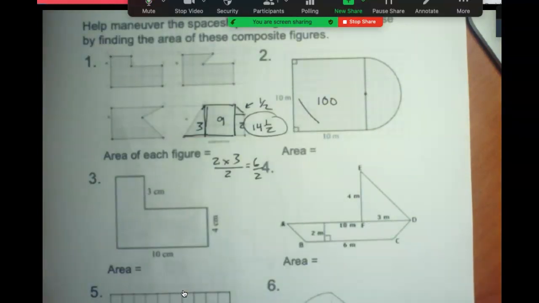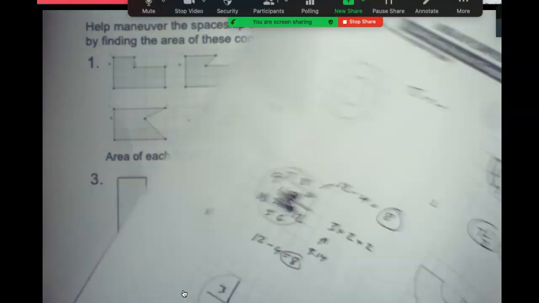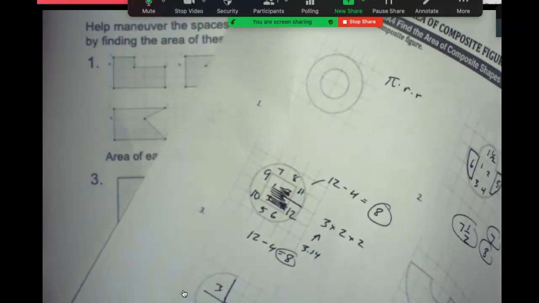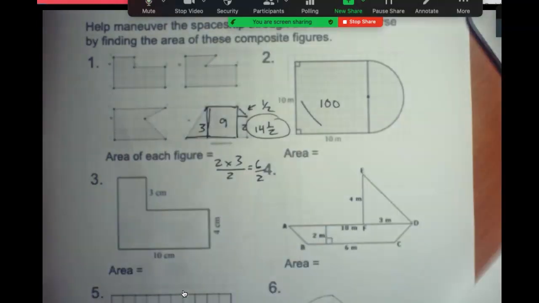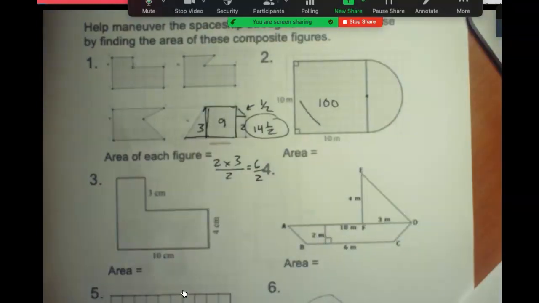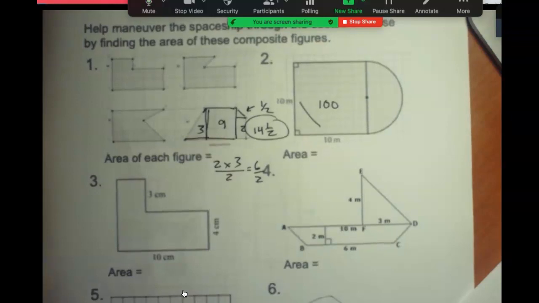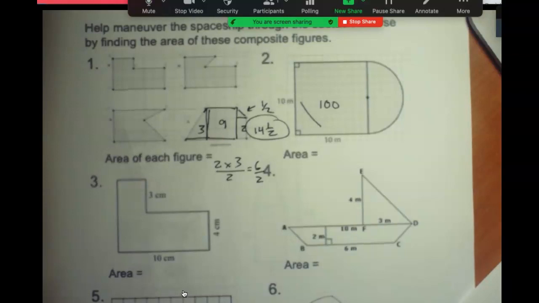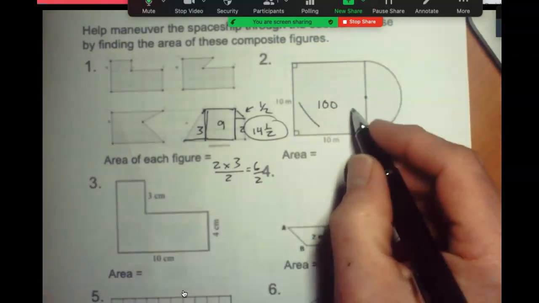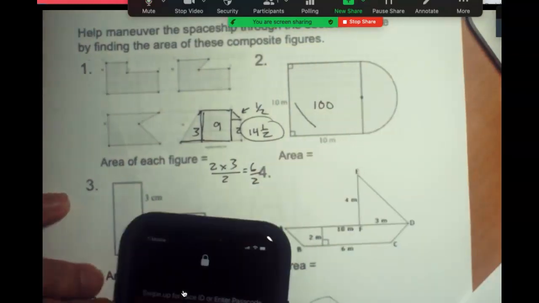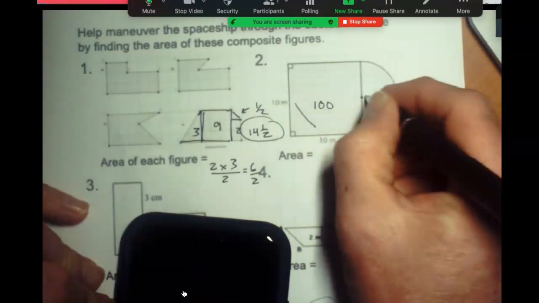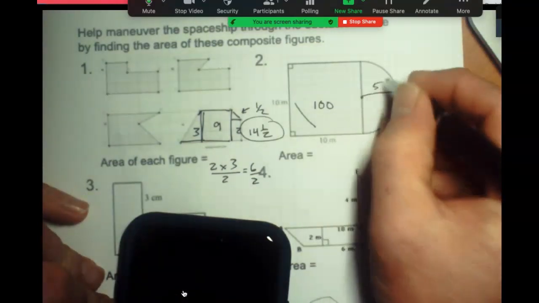can. On the first page, I like to think about this one here. We're just kind of estimating the areas of those shapes. And this one here, we are going to be a little more exact. So this one here is 10 by 10, which is 100. And this one here is going to have a radius of 5, right?